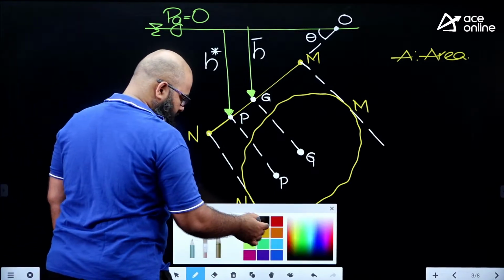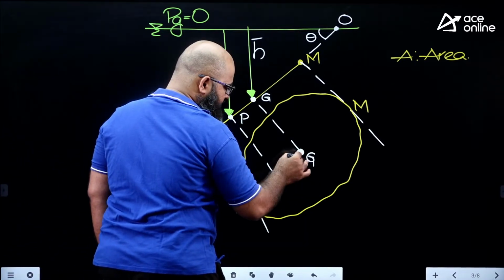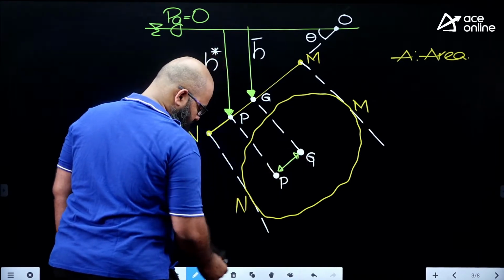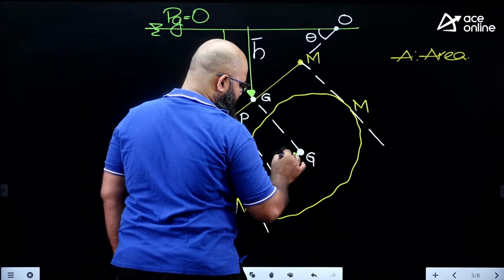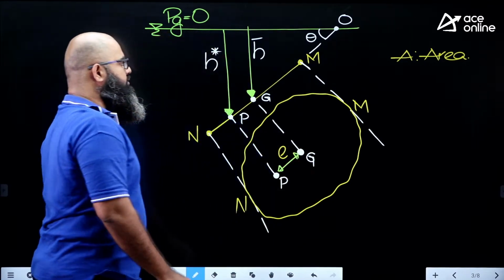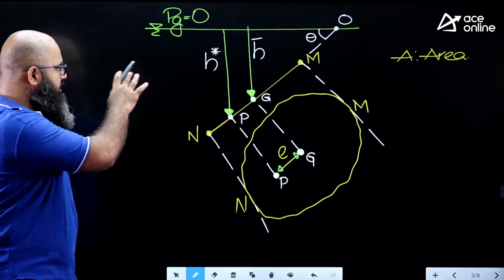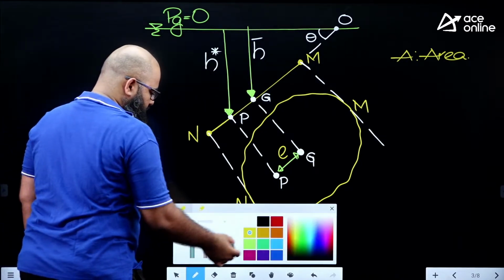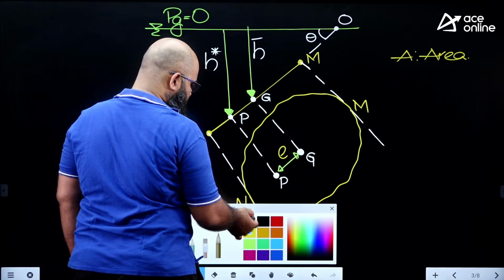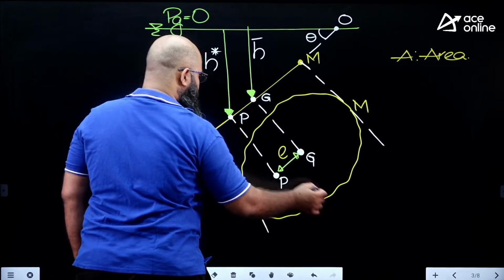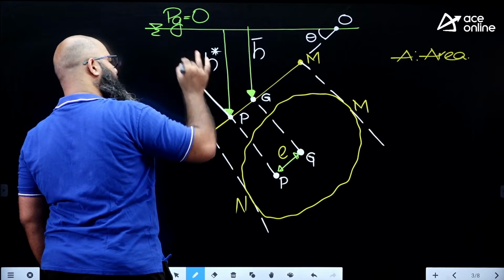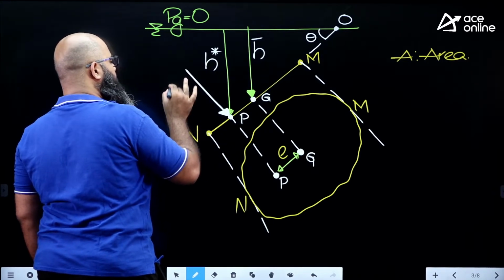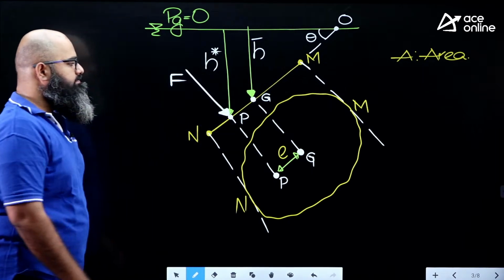And finally, should you measure the distance between point P and point G, this distance over here is known as eccentricity. So we have these three things, H bar, H star and eccentricity. Apart from this, you should know that the hydrostatic force acting is supposed to be perpendicular to the plate at point P. This is the hydrostatic force acting.